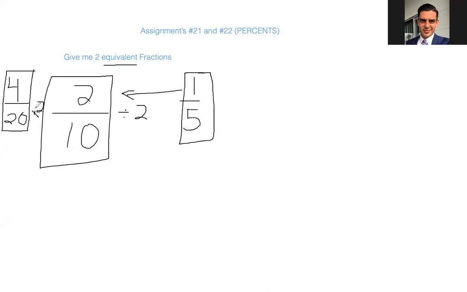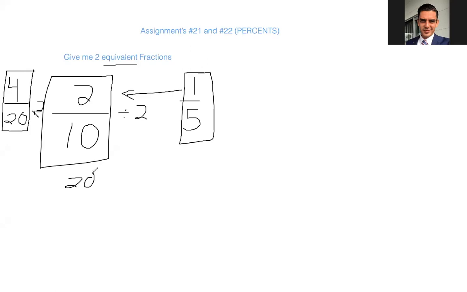Why is it an equivalent fraction? Because if you simplified this by 2, it would turn into 2 over 10, dividing both top and bottom by 2. Divide that again by 2, it'd be 1 over 5. Same exact thing, no matter which way you look at it. And the reason being is, let me show you.